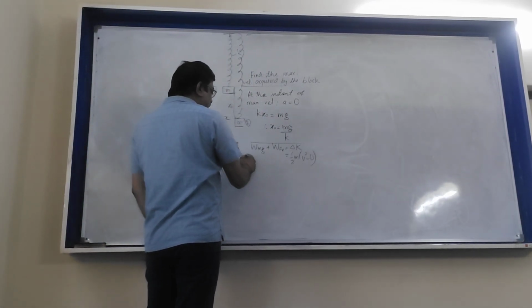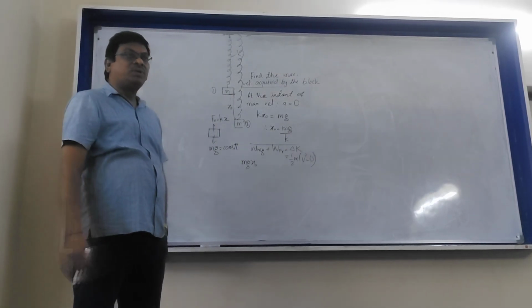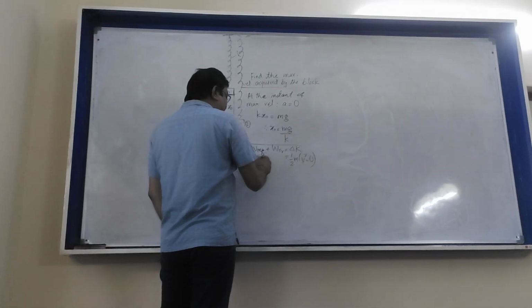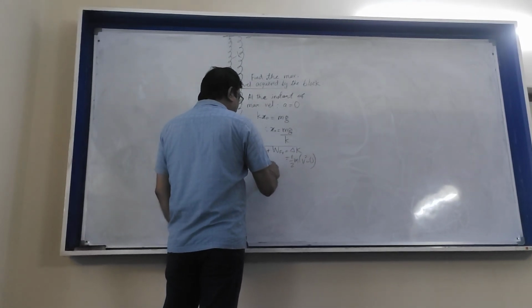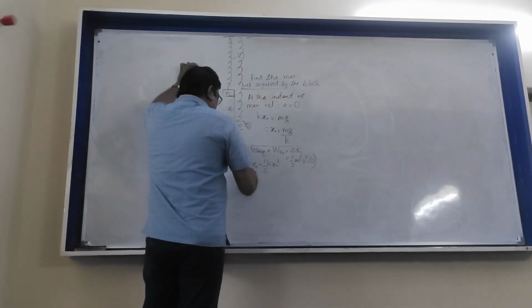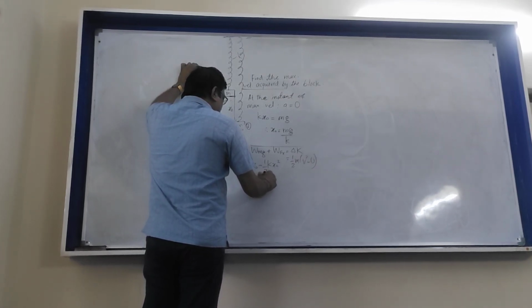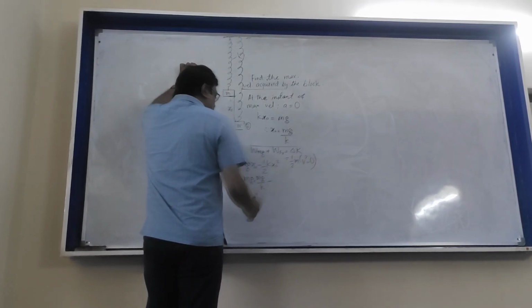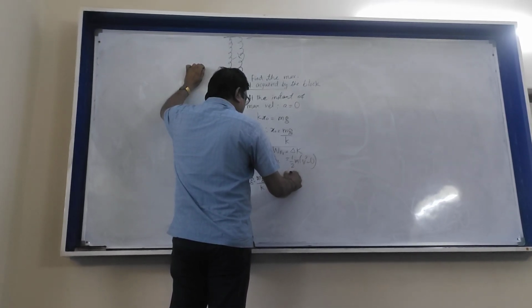Work done by the gravity is mg into x naught. Whereas work done by the restoring force is opposite. So minus half k x naught square. Where x naught is mg by k. So x naught is mg by k, and here also it is k by 2 into m square g square by k square.